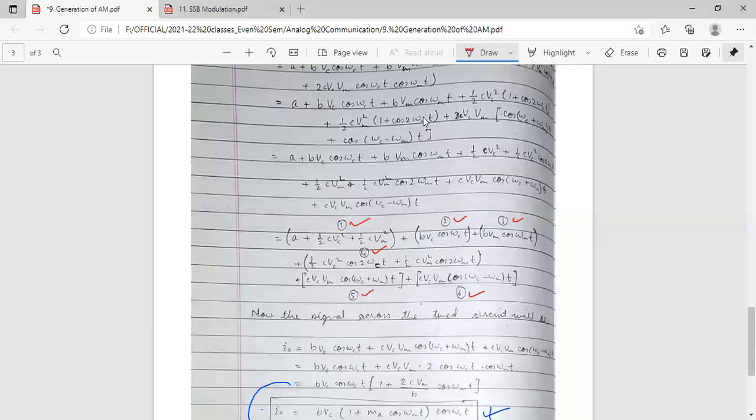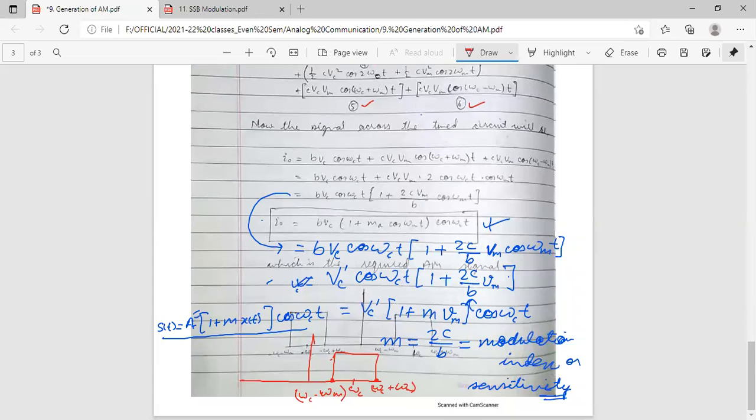This one does not carry any frequency term, so we can consider it a DC term. BVC cos omega ct is the carrier frequency term. This is the baseband term, Vm cos omega mt. We are interested only in the frequencies around omega c, so we are considering only that.